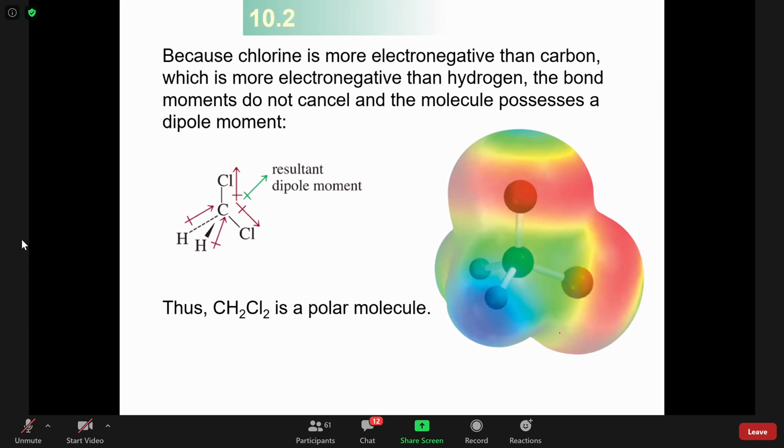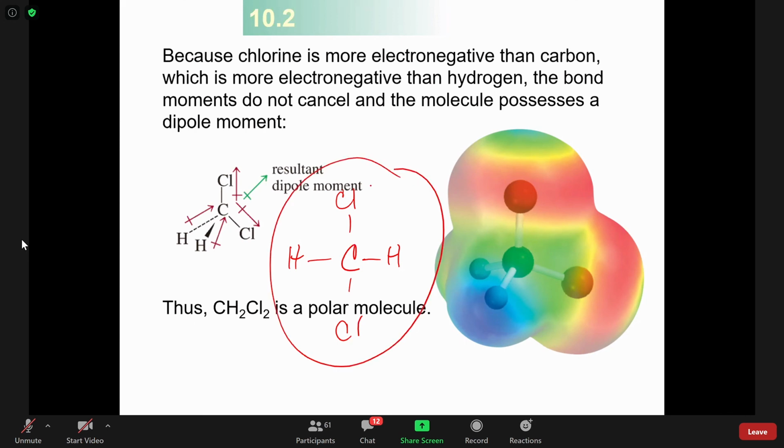Once again, you might be tempted to think that if you drew this as a Lewis structure, these cancel each other out because of the way this looks. But that's not true. You have to think of the molecular geometry before you can actually get at the resultant dipole moment.